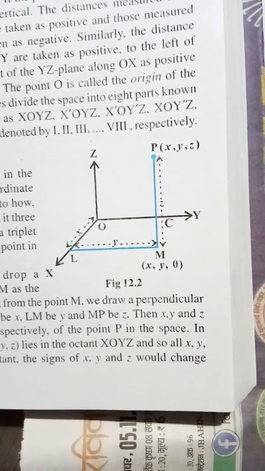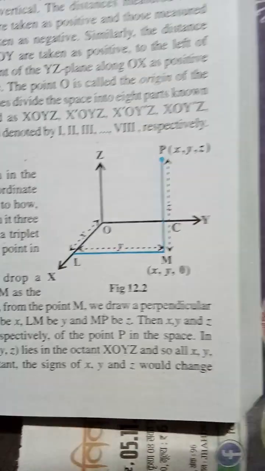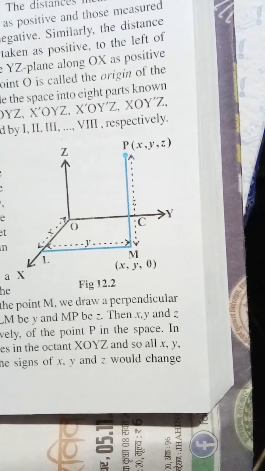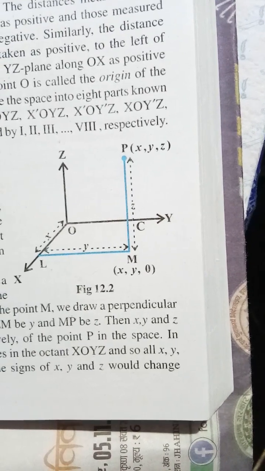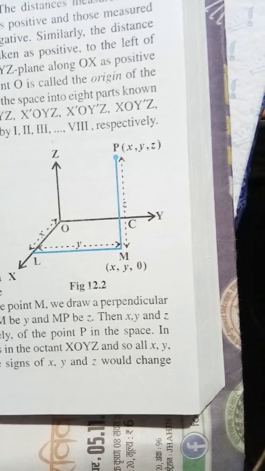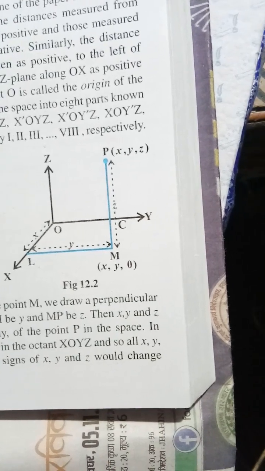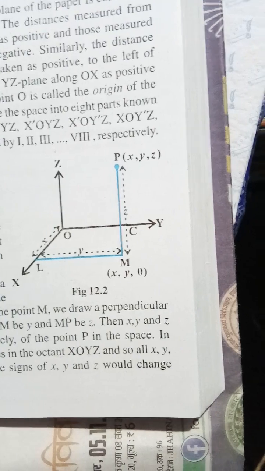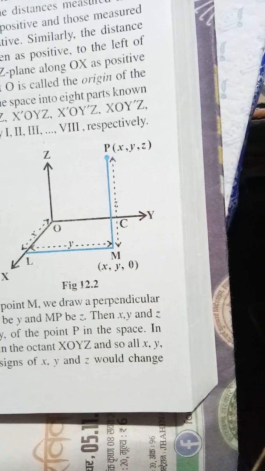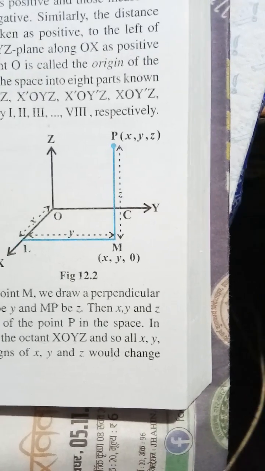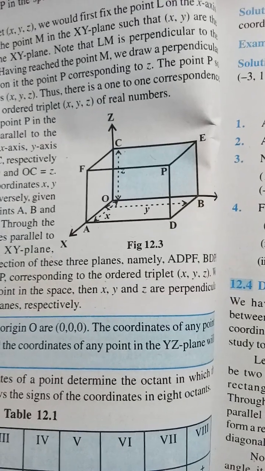Then x, y, z are called the x, y, z coordinates respectively of the point P in the space. In Figure 12.2 we may note that the point P(x, y, z) lies in the octant XOYZ, and so all of x, y, z are positive. If P was in any other octant, the signs of x, y and z would change accordingly.